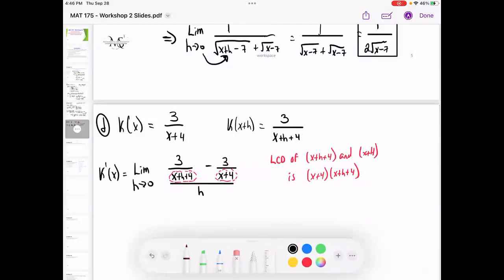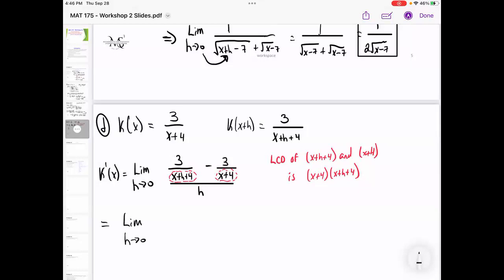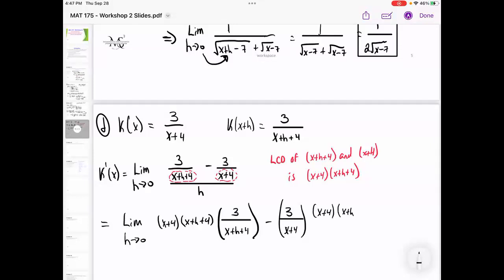So in my second line, I write the following: the limit as h approaches 0 of x plus 4 times x plus h plus 4 times 3 over x plus h plus 4 minus 3 over x plus 4. And again, we're multiplying it by the LCD, all divided by h times x plus 4 times x plus h plus 4.